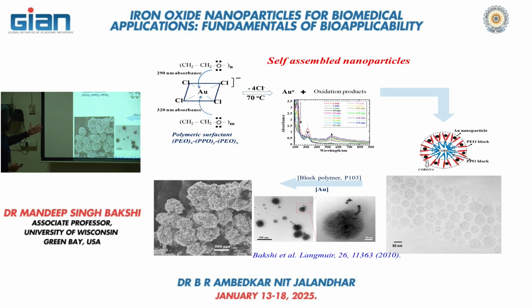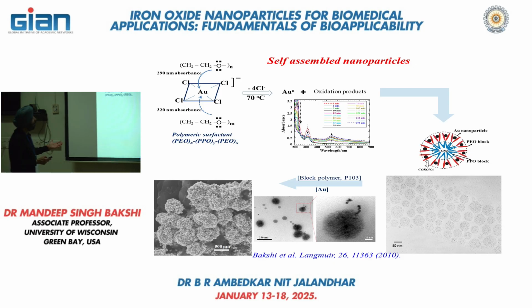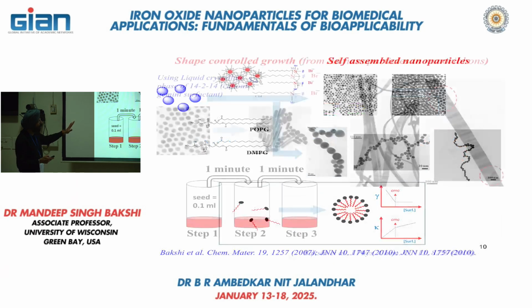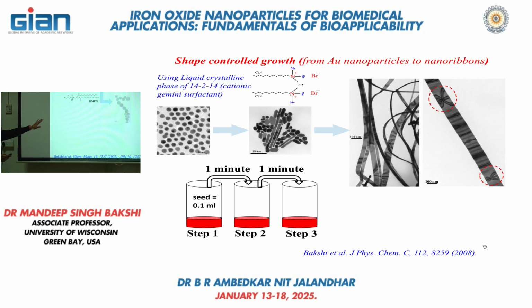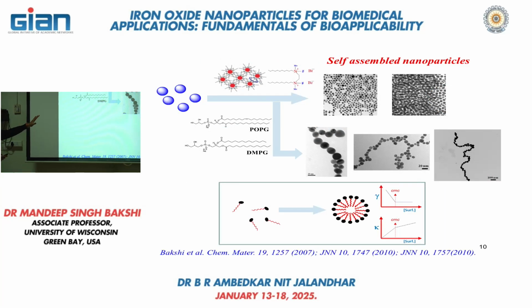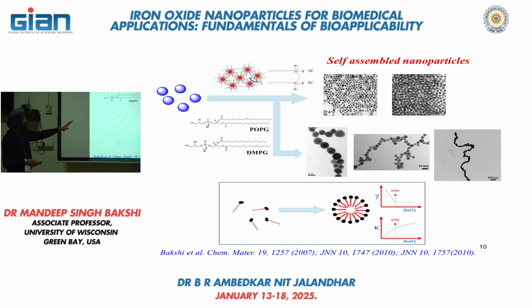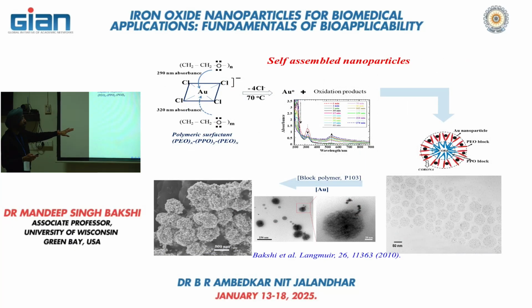So I need to say that there are different ways to produce the self-assemblies or a specific shape. Coming back again to remind you, we first talked about the stabilization of the gold nanoparticle, then about producing the nano ribbon, then about producing one-dimensional self-assembled structures like this, and then about the self-assembled structure where we could have the growth of the nanoparticle in the micelles.